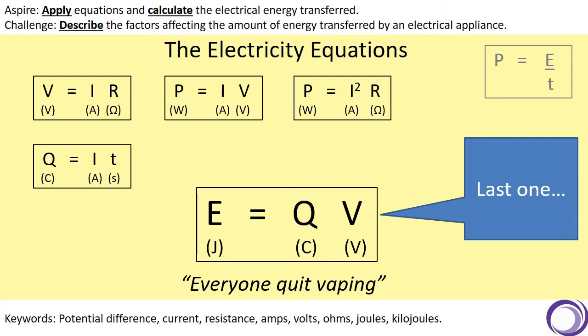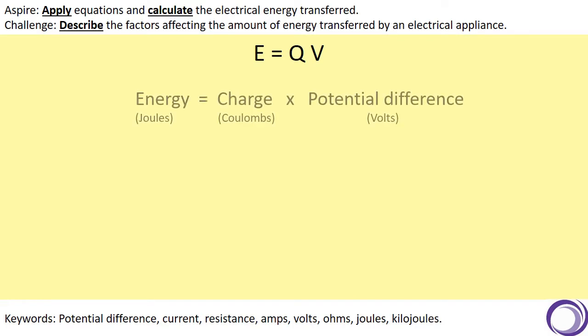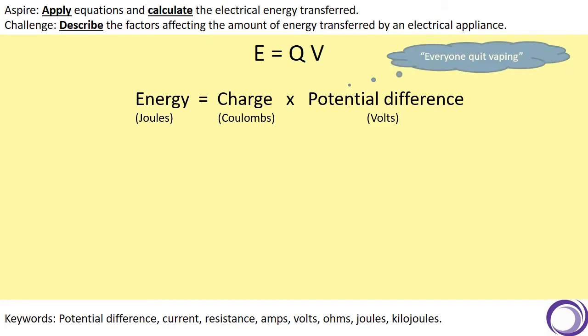What we're going to do now is look at using E equals QV. So energy in joules equals charge in coulombs times the potential difference in volts. Everyone quit vaping. Got to remember that the Q is the charge though.